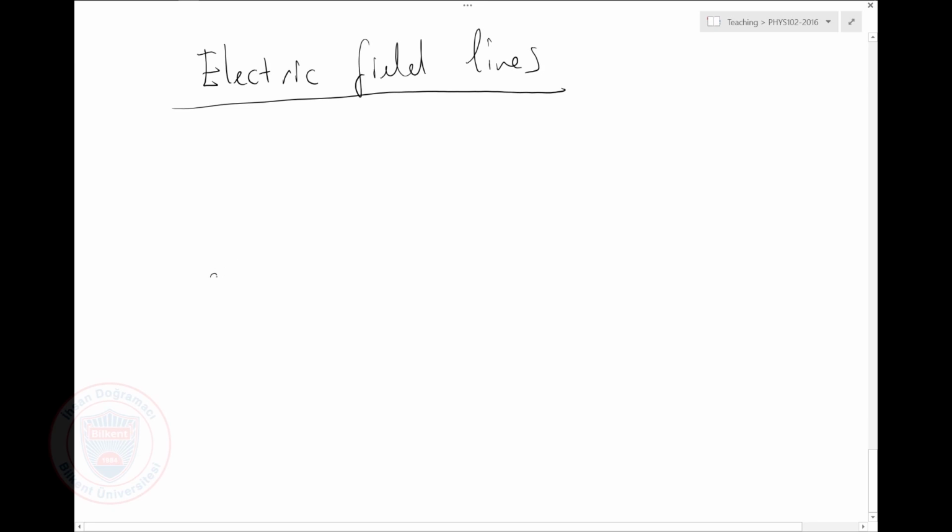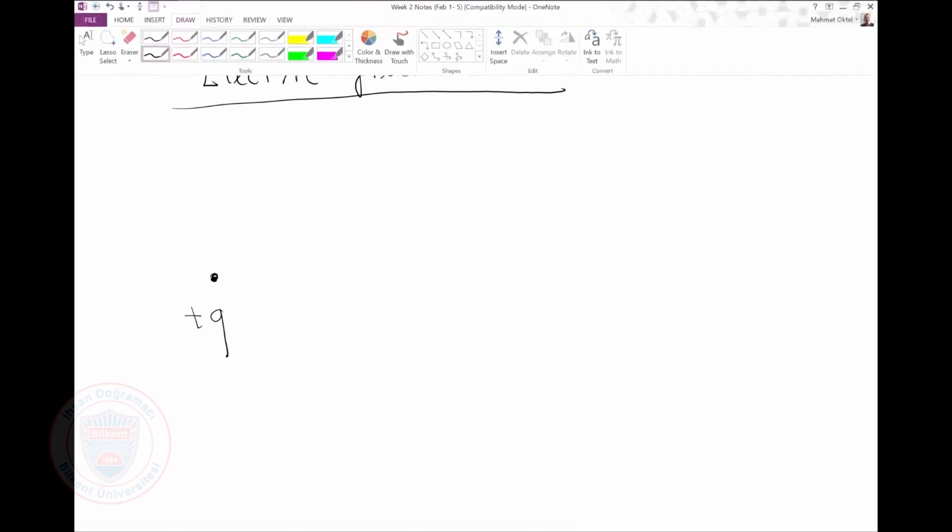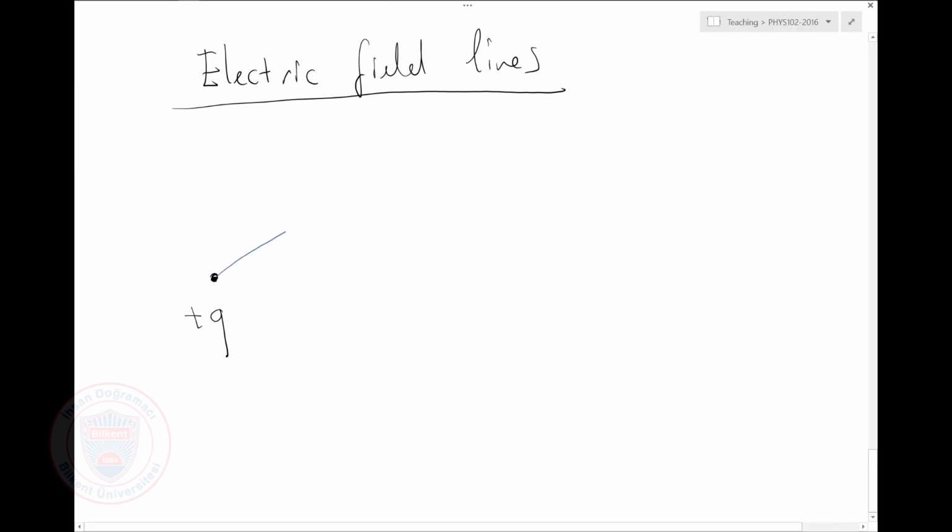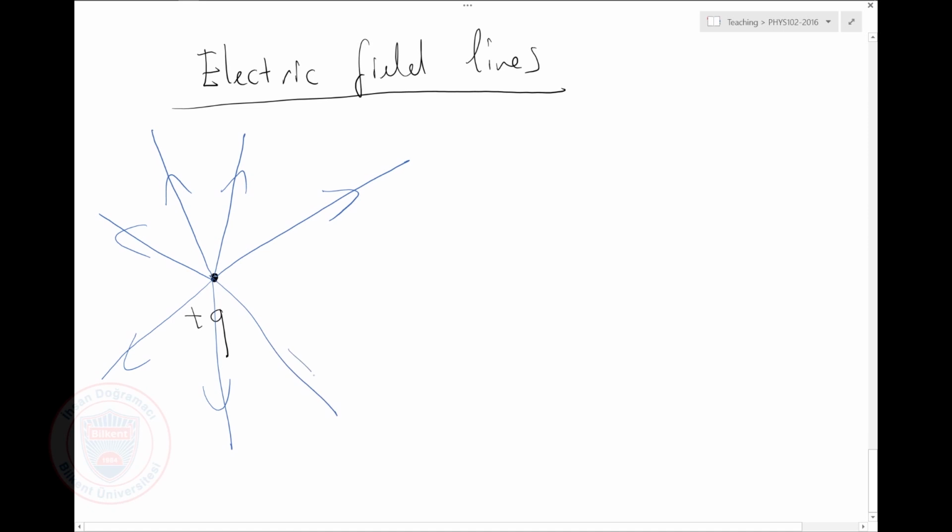Why? Because they are constructed with very simple rules. If I have a plus Q here, here are the electric field lines. They are just going from plus Q to infinity. And here are my rules for constructing field lines.